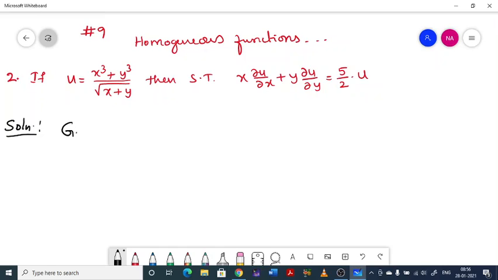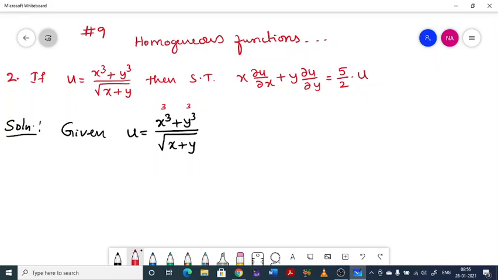So you are given u equals x cube plus y cube divided by square root of x plus y. Now look into the numerator function. The first term has degree 3, the second term has degree 3.